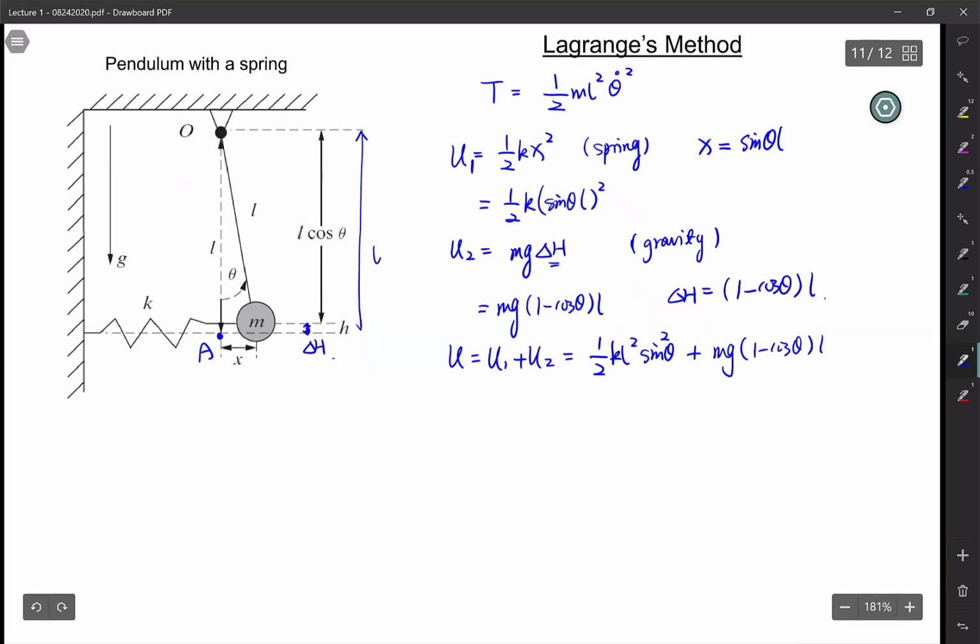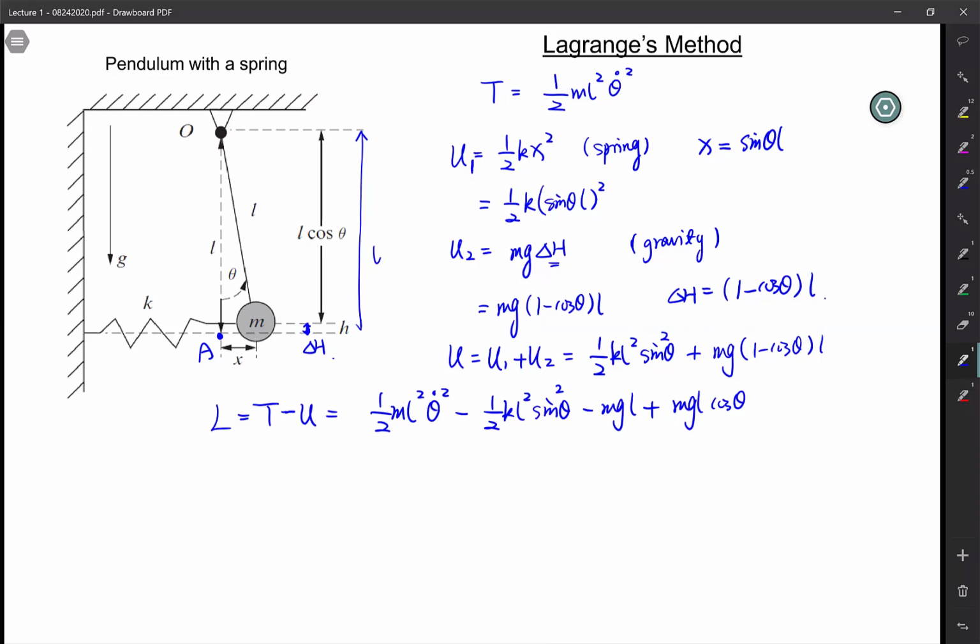All right, so your T minus U is your L. That gives you half m L squared theta dot squared minus half k L squared sine squared theta minus mgL plus mgL cosine theta.